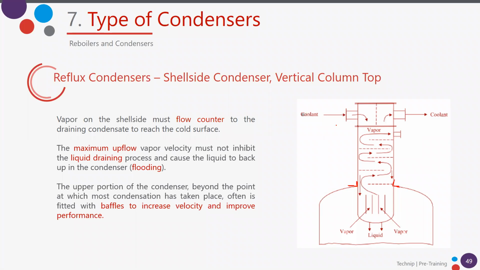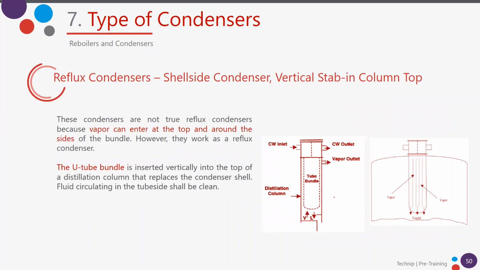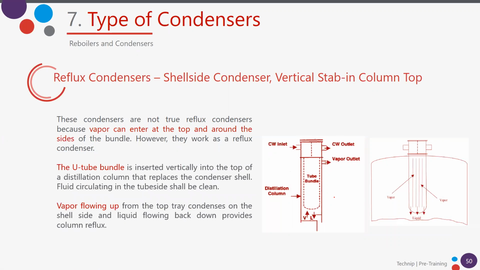With this type of configuration, we do not need to increase the column length. Yeah, okay, but obviously that's only pure reflux, you have no product coming up. Exactly, yes.